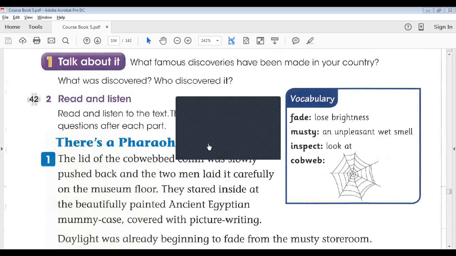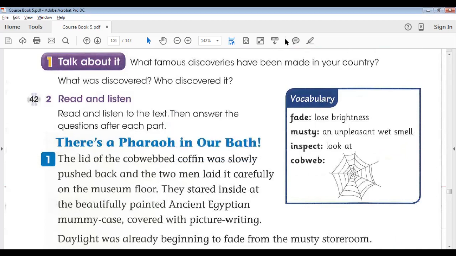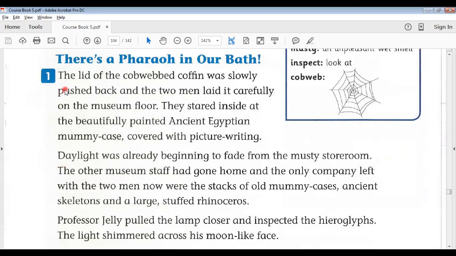Track 42. There's a Pharaoh in Our Bath by Jeremy Strong. Part 1. The lid of the cobwebbed coffin was slowly pushed back and the two men laid it carefully on the museum floor.